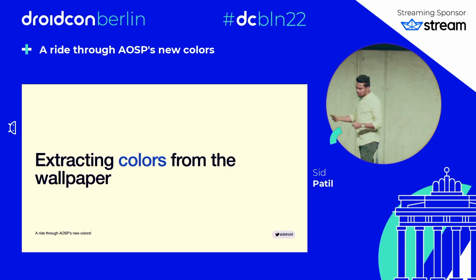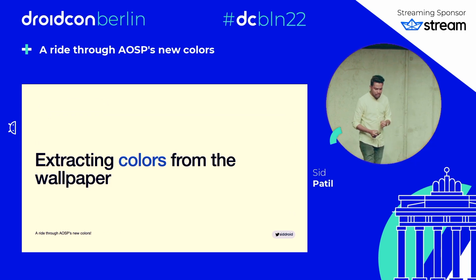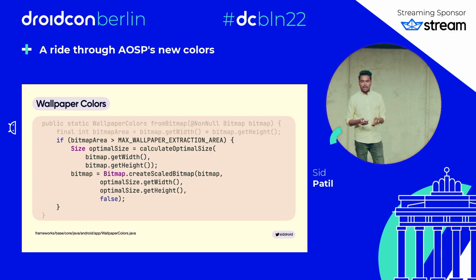And now we will step into understanding a bit about how to extract colors from the wallpaper. So let's get into color extraction logic of it all. The first place where we'll see this is within the wallpaper colors class. So before we proceed to extraction of colors, we need to optimize the size of the image, right?